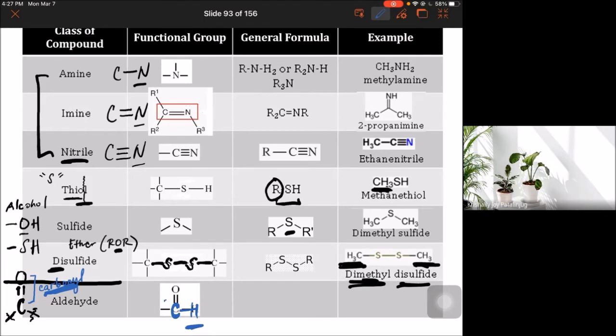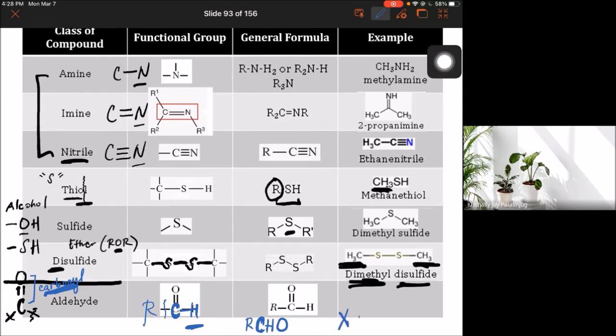This portion could be any R group, so we write RCHO: R, carbon, single bond to hydrogen, and the oxygen is doubly bonded to this carbon. It's not the other way around when you write the type formula of aldehyde.